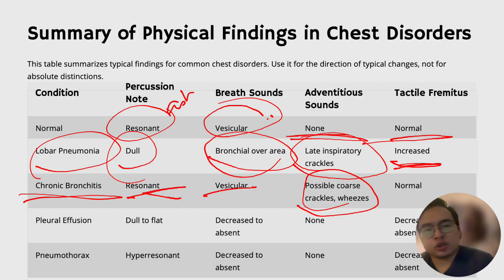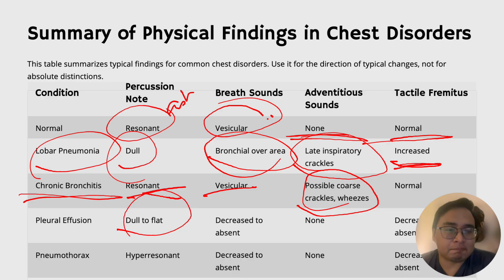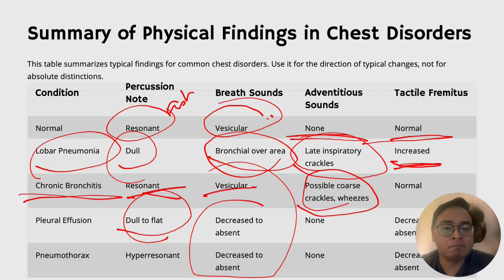What if you have a condition in which there is fluid in the pleura, in this potential space surrounding your lungs? Upon percussion, it's going to sound either dull or flat. The breath sounds could not be heard because the chest wall is apparently thickened because of the fluid. The tactile fremitus is also going to be decreased.